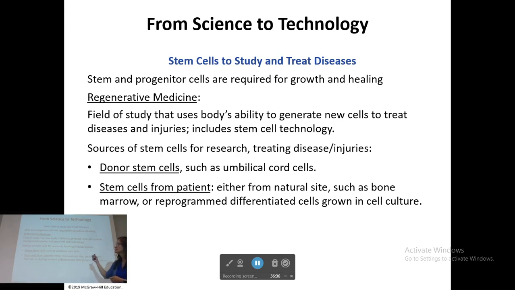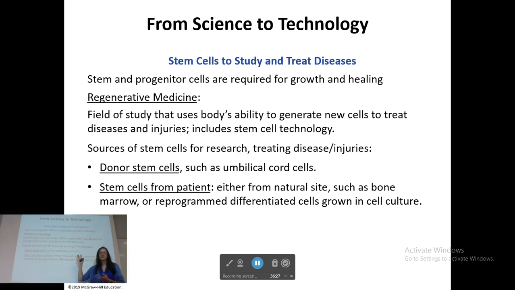So with stem cell research, they're trying to figure out ways to use stem cells, and there have been some successes with it, to be able to use stem cells from, say, a donor, or now people have begun to save umbilical cords.